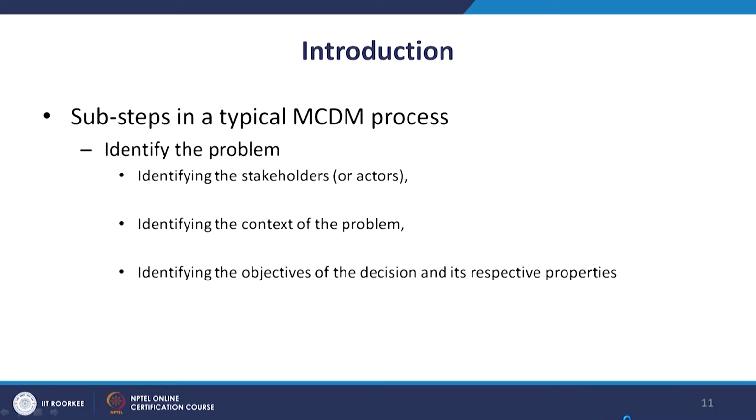Then the next sub step could be identifying the objectives of the decision and the respective properties. We need to figure this out, only then can we apply our methodologies in the next step. So we need to have a clear understanding of the objectives of the decision and the properties that we want to have there.